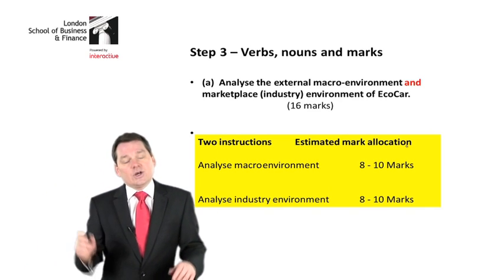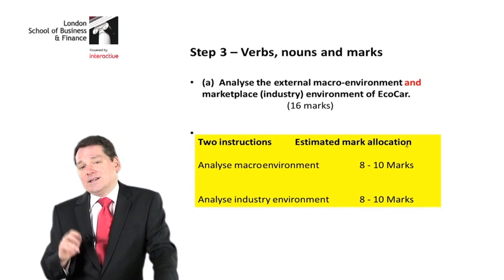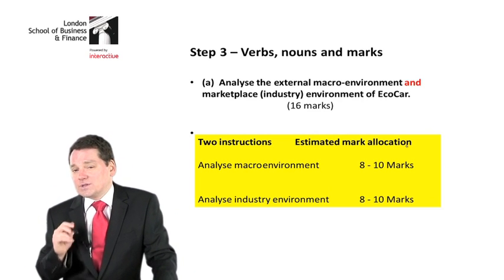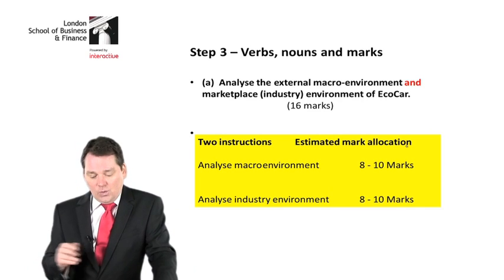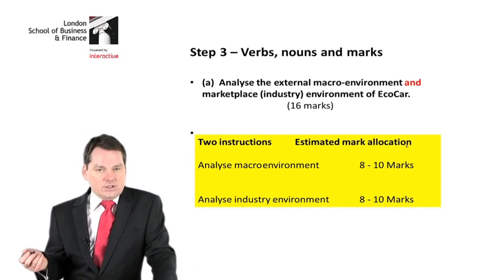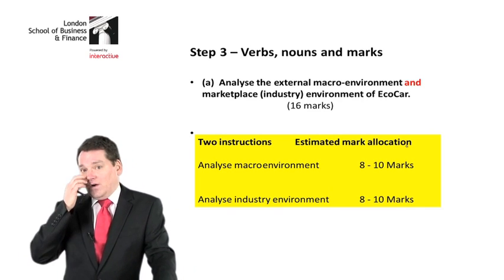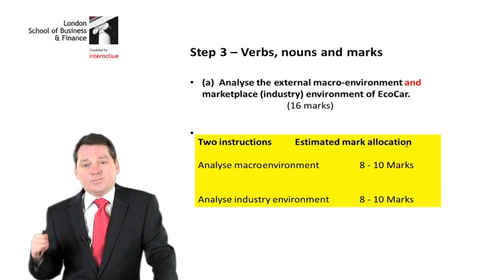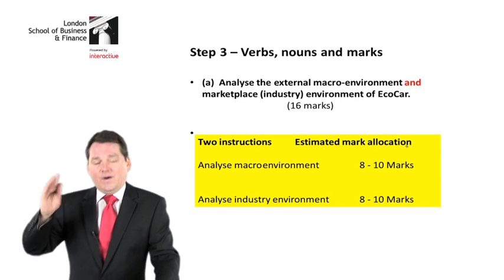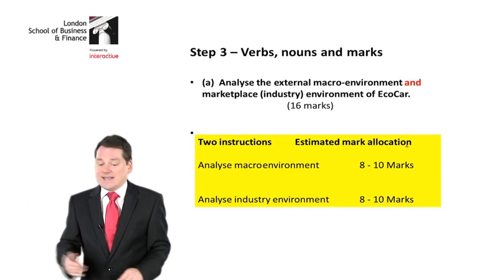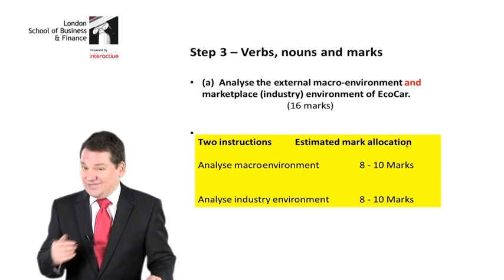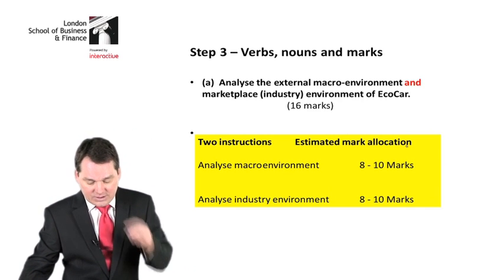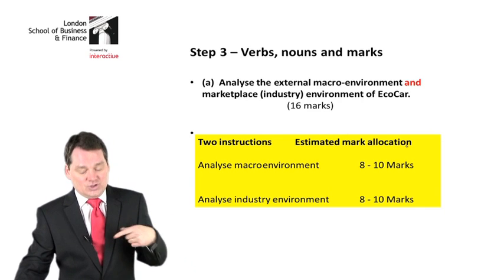But notice that there is a limit to how many marks you can possibly get if you only answer part of the question. If you were to write 97 pages on the macro environment, the most you'd get is 10. So after a certain point, you're wasting your time. You might as well go on and talk about something else instead. That's a point that many students forget. So there's 2 questions there, and we have to make sure that we allocate the time to do each of them.